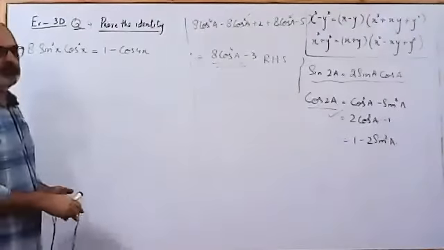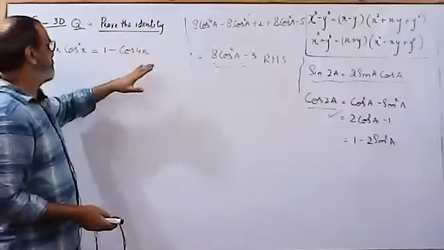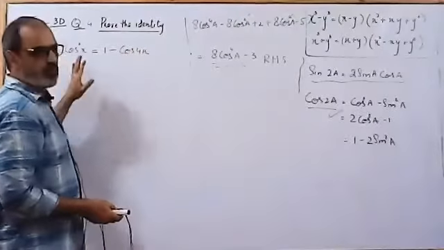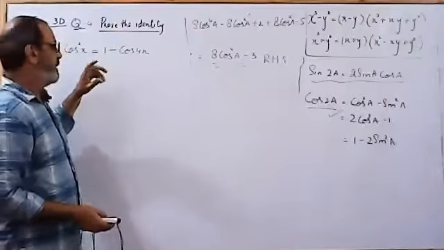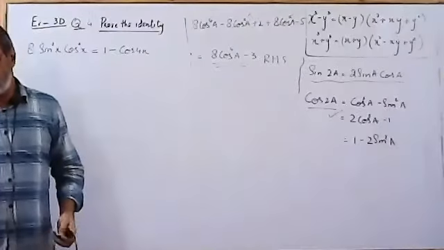Again, I can target 4x to change it into sin x and cos x, or I can use the left hand side as well. Let's try the left hand side.